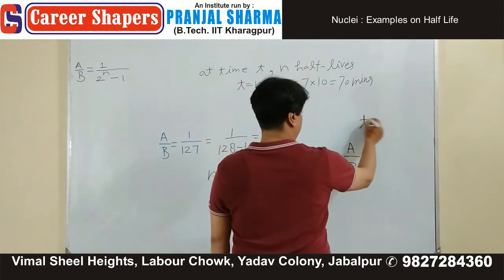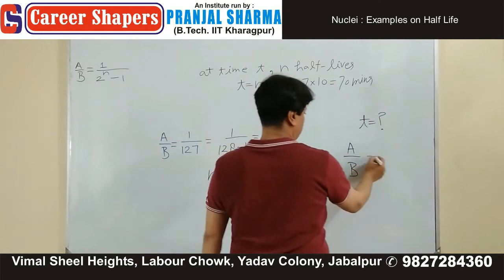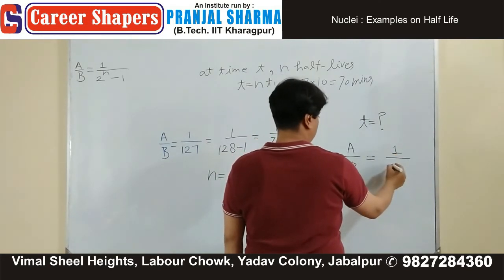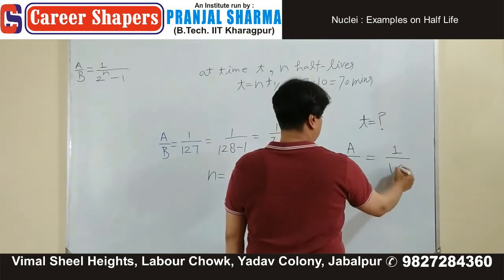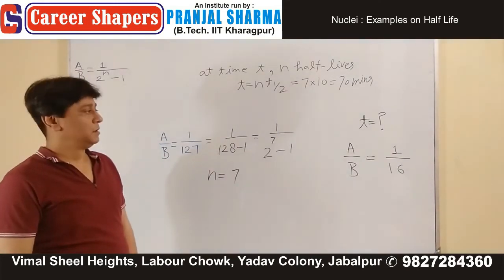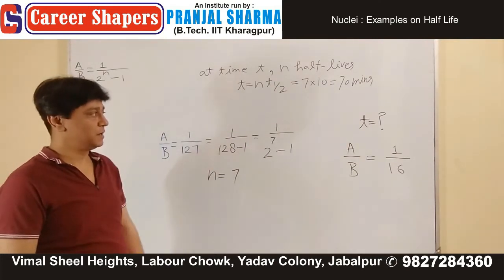You need to find the time when ratio of A and B becomes 1 upon 16. At what time ratio of A and B becomes 1 upon 16?